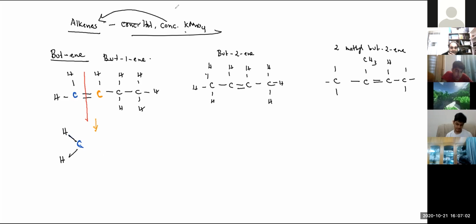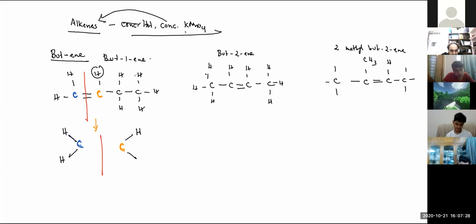And we have an orange carbon which is linked to 1 hydrogen and 1 R group.